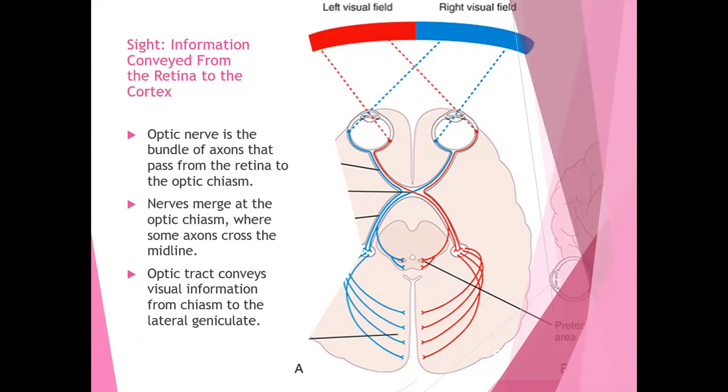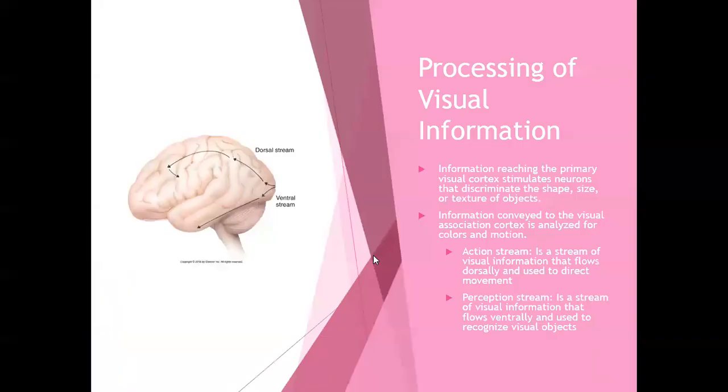Once you pass the optic chiasm, the optic tract conveys that visual information to the lateral geniculate, which is a nucleus in the thalamus. And then from the thalamus, it goes to the visual cortex, which is in the occipital lobe.